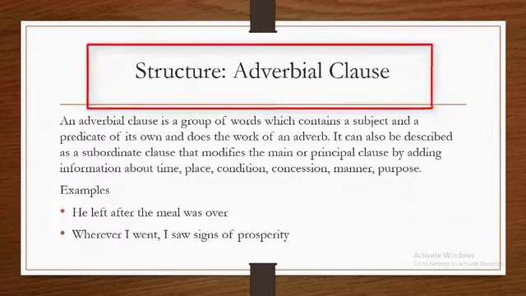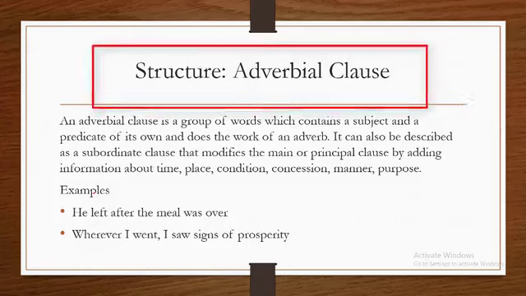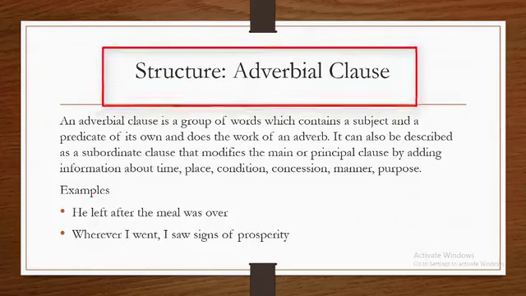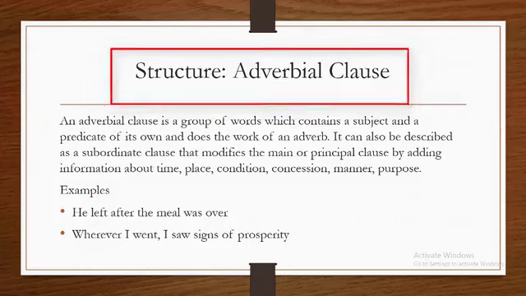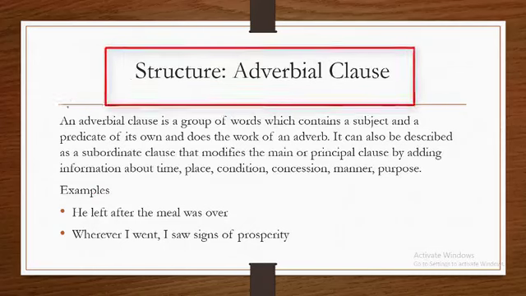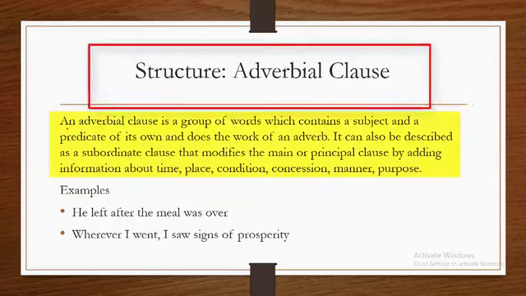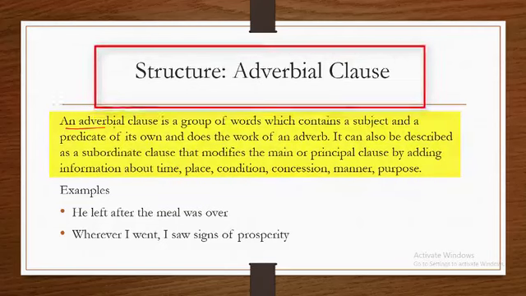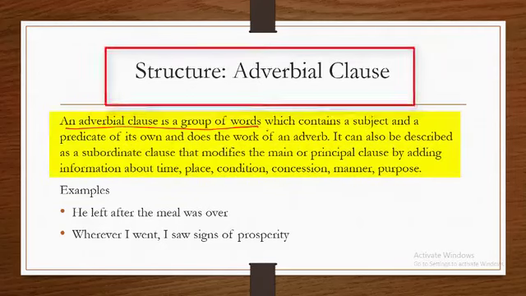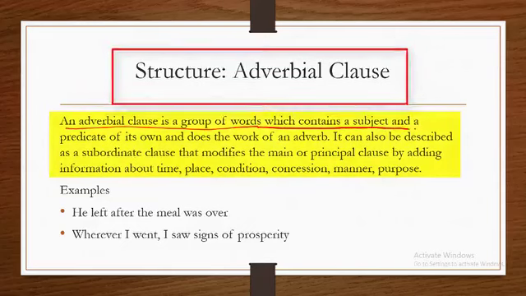So let's move on to structure: adverbial clause. You know what clauses are? Clauses are expressions with what? A finite verb. So an adverbial clause is a type of subordinate clause that behaves like an adverb. In other words, what are the functions of an adverb?